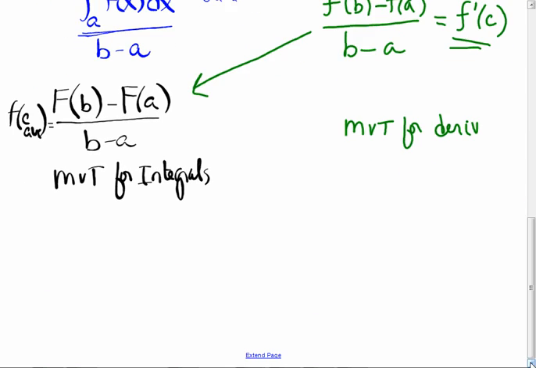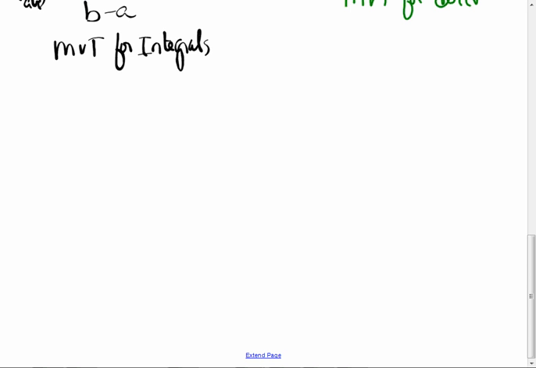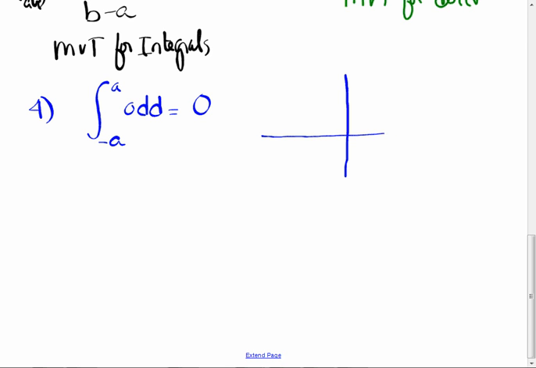Some last quick little things. What if I want to find the antiderivative of even and odds? What if I wanted to do this, and this is odd? It's 0, because if it's an odd function, something might be over here, and I want this area and that area, they cancel out because it's odd.